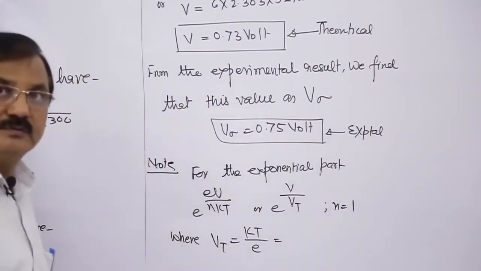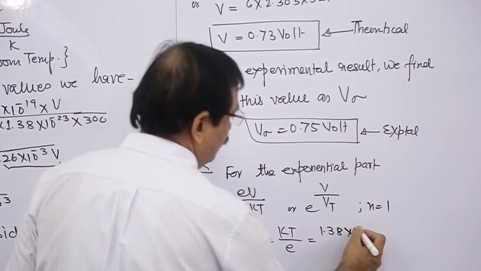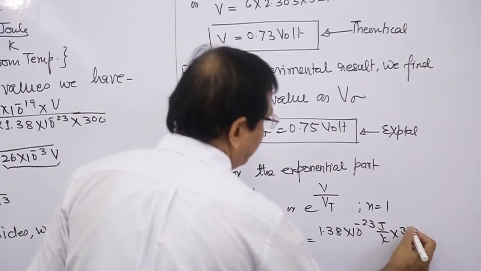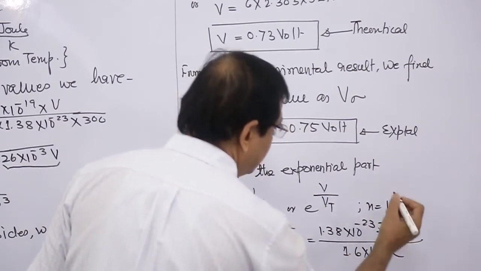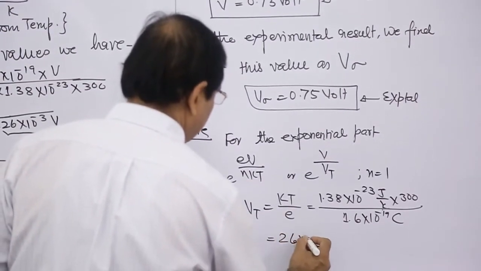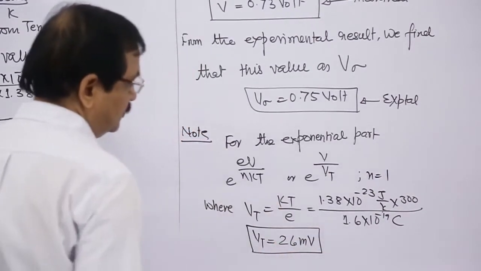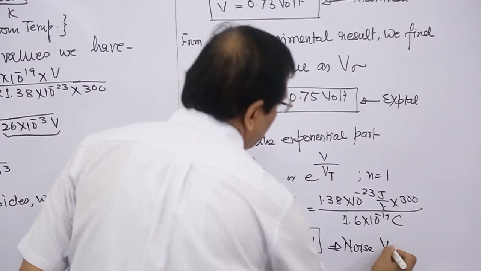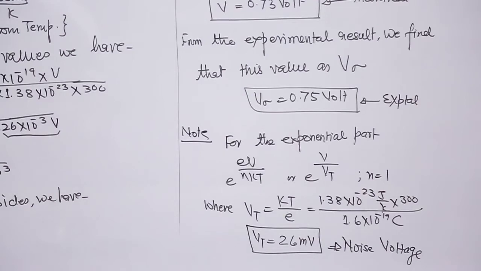So this value is 1.38 into 10 to the power minus 23 joule per Kelvin into 300 upon 1.6 into 10 to the power minus 19 coulomb. So this is 26 millivolt. This is Vt, and this is termed as noise voltage. Noise voltage.